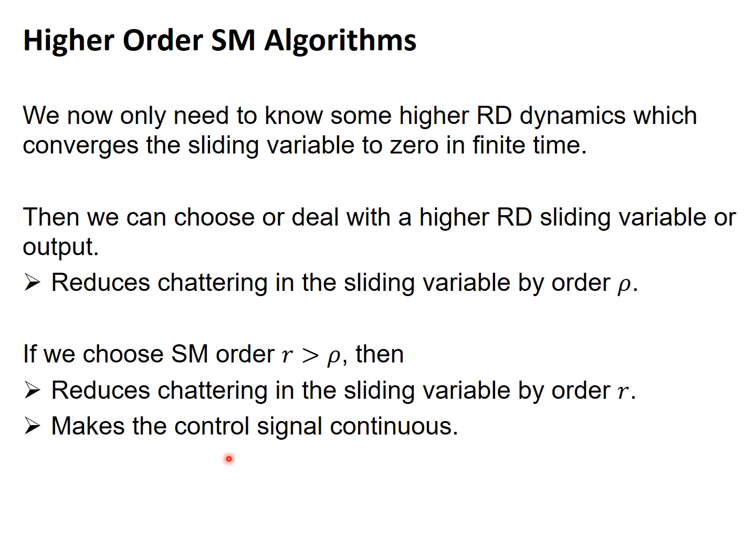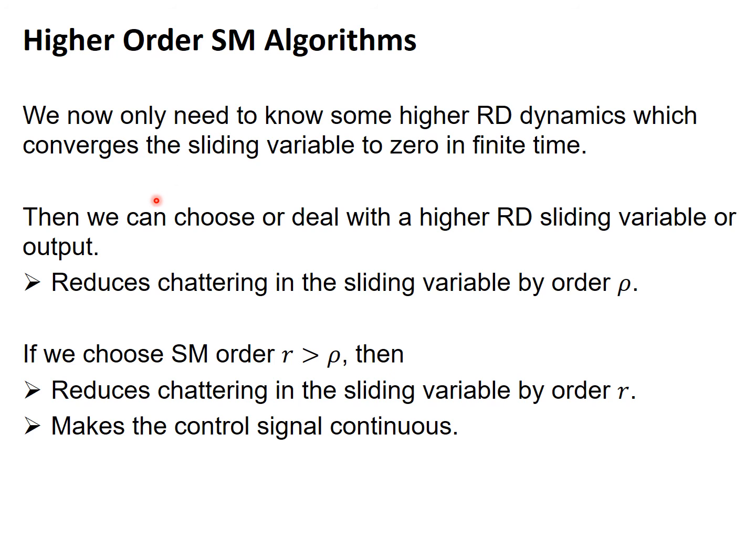So, what remains to be learnt is the higher order sliding mode algorithms. Higher order means not first order, of course, but second, third, fourth or any other higher order, and these orders of derivative must contain the discontinuity.